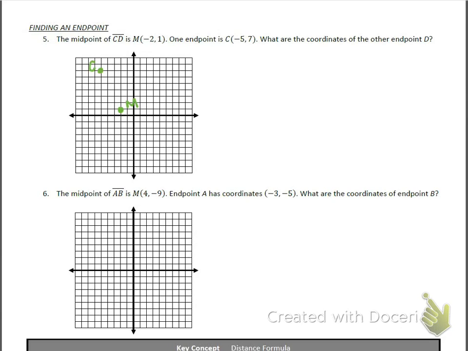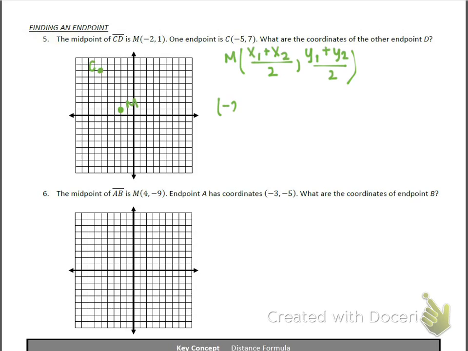And I want to find the endpoint D. So we know the midpoint formula, and we know what the midpoint is. My midpoint, so let me just write this. M is x1 plus x2 over 2, comma, y1 plus y2 over 2. So in this case, I know the answer.